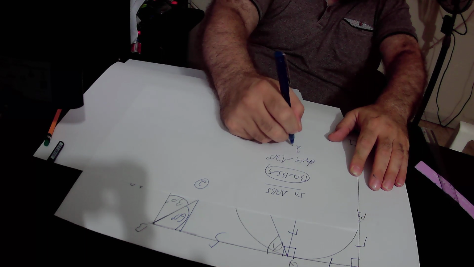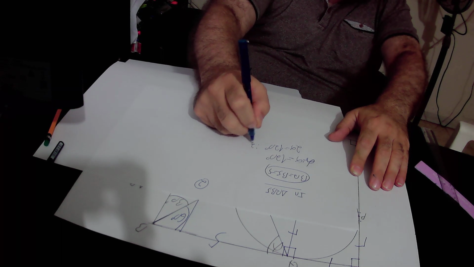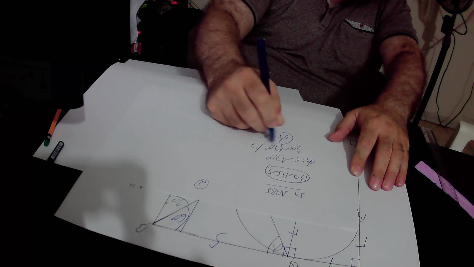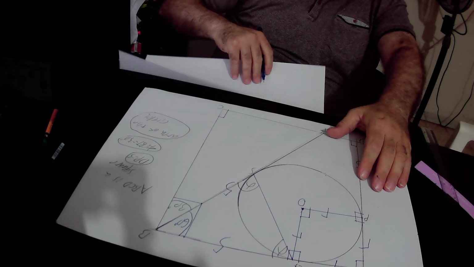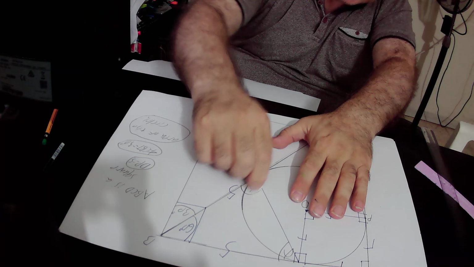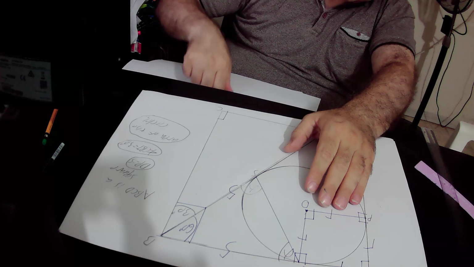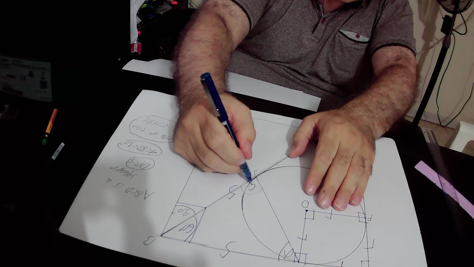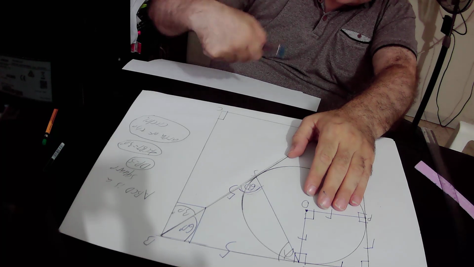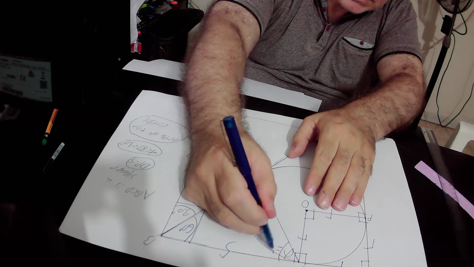Alpha plus alpha is 2 alpha, which is equal to 120 degrees. Here we divide this equation by 2 and get that alpha equals 60 degrees. So this angle alpha equals 60 degrees, and this angle alpha is also equal to 60 degrees.